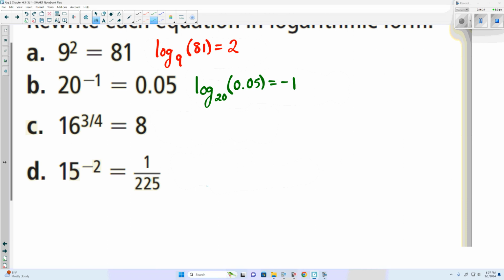Log base 20 of 0.05 equals -1. Log base 16 of 8 equals 3/4. Good job.